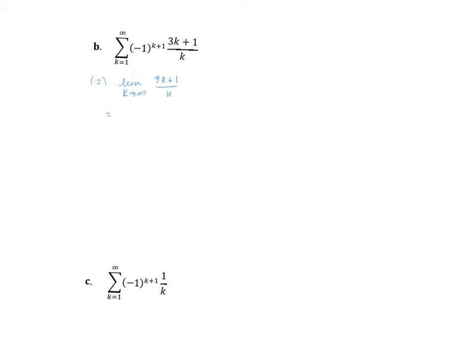That's going to be infinity over infinity. Instead of doing L'Hopital's, I'm just going to rewrite this as 3 plus 1 over k. So I can see that as k goes to infinity, 1 over k goes to 0. So my limit is equal to 3.